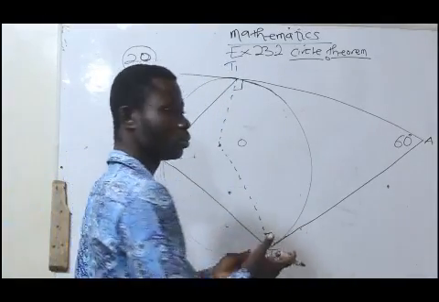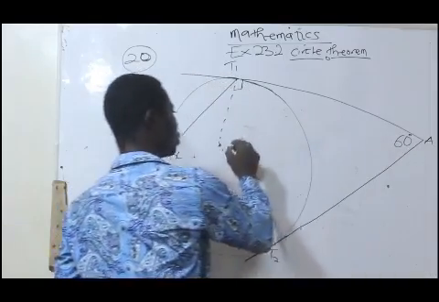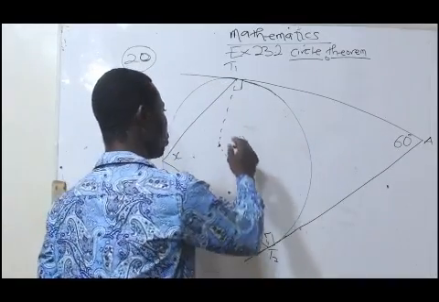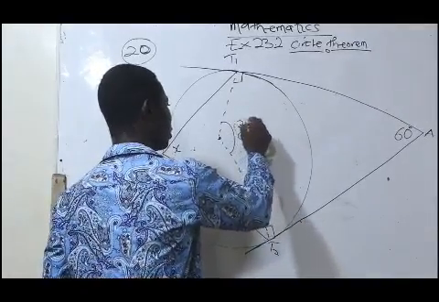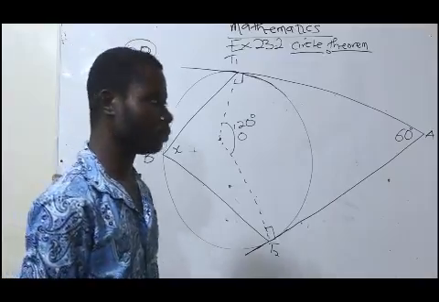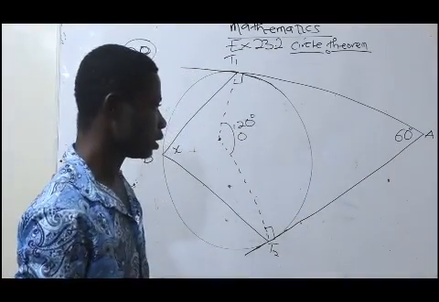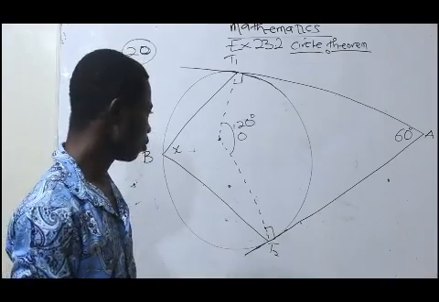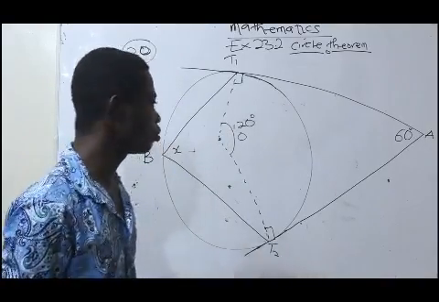The rest should give us 180 degrees. We know that 120 degrees plus 60 gives us 180 degrees. So when we add 120 plus 60, we get 180 degrees.